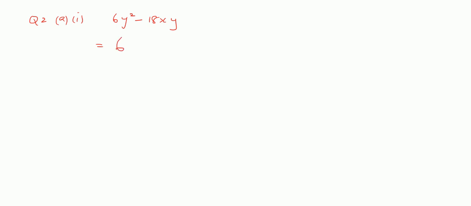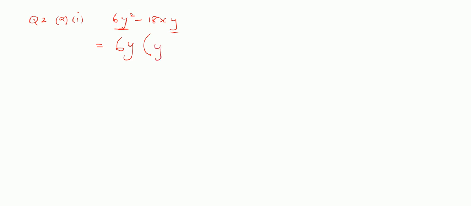Then we have a y squared term in the first part here, and we also have a y in the second part. So therefore the HCF of y squared and y is actually y. The first term doesn't have an x in it, so we can't take out the x. So it'll be 6y, open brackets.